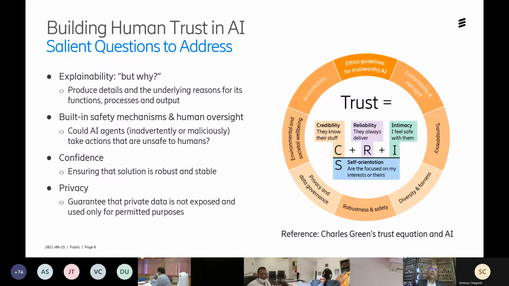Could the solutions that we have implemented, the agents that are part of the end-to-end architecture, could they do something either maliciously or inadvertently that could cause harm? How do we avoid that? How do we give the confidence that the solution is robust and stable?